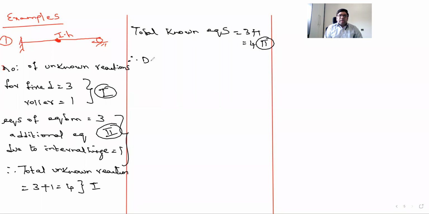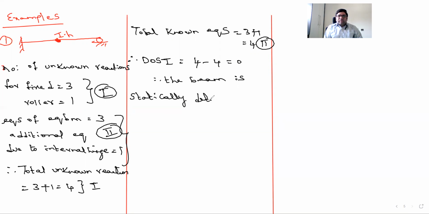Therefore, degree of static indeterminacy is equal to 4 minus 4, that is equal to 0. Therefore, the beam is statically determinate. Hope everybody understood this, right?